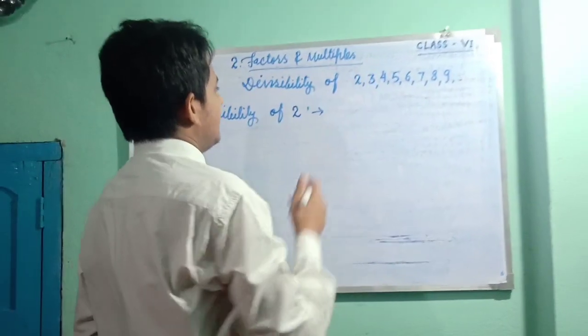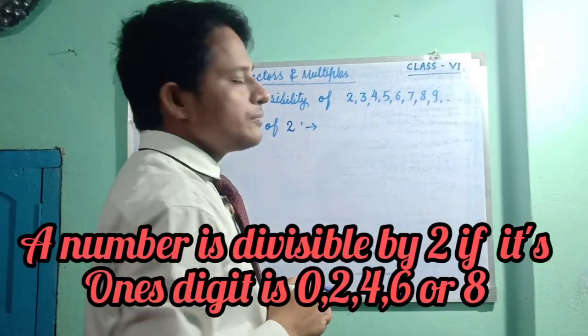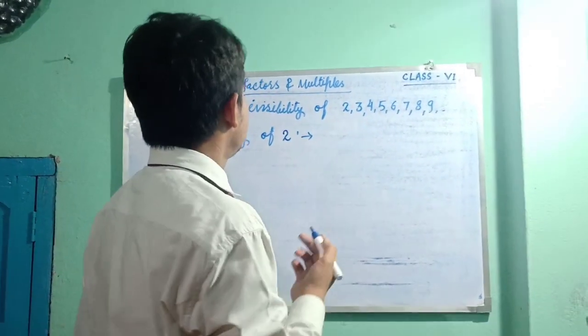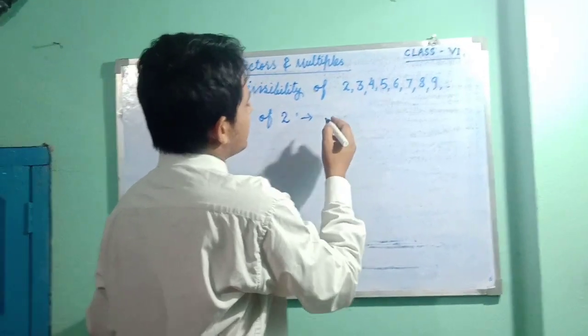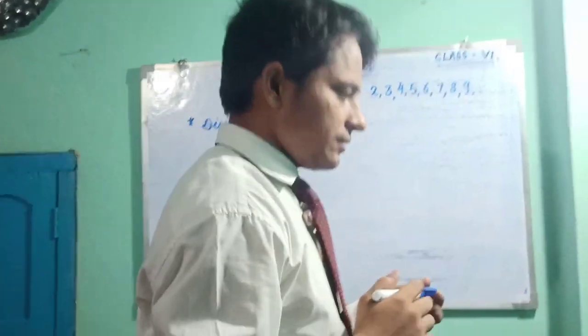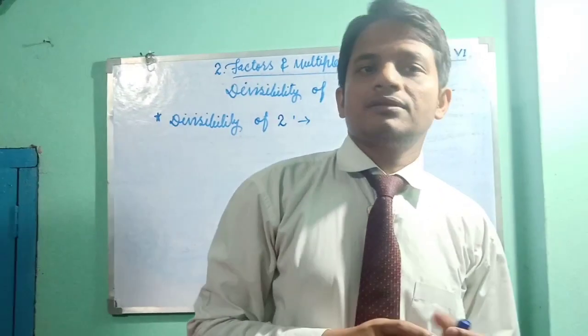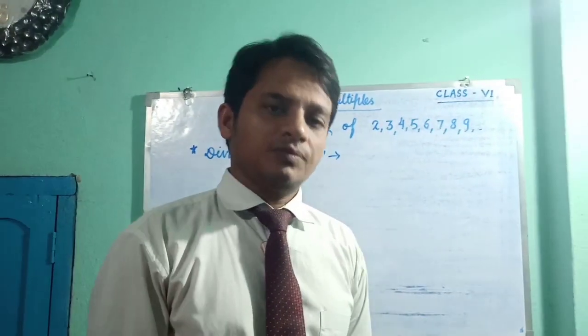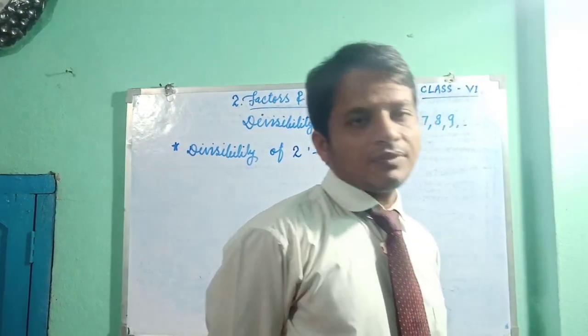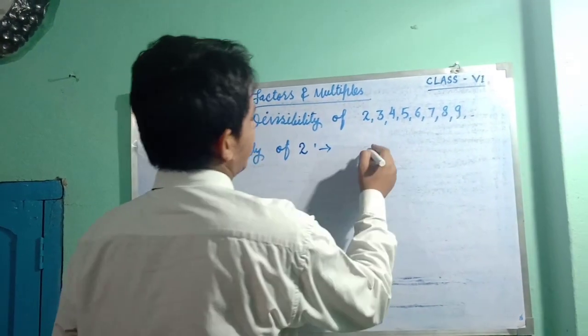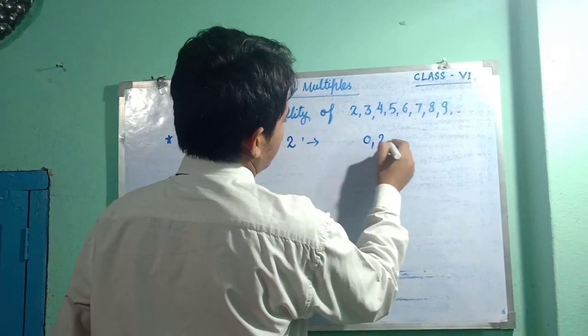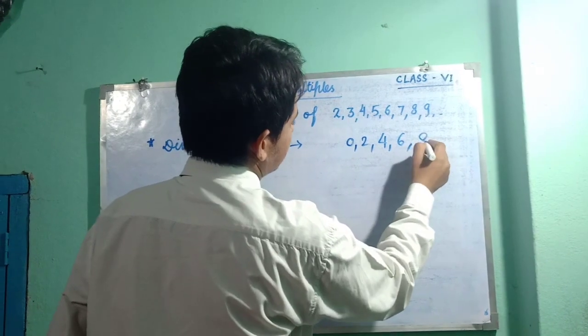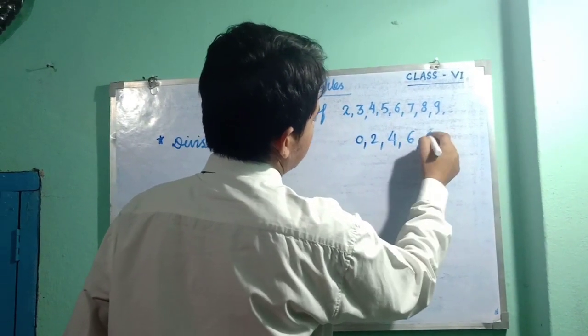Now see, a number is divisible by 2 if its ones place digit is 0, 2, 4, 6 or 8.